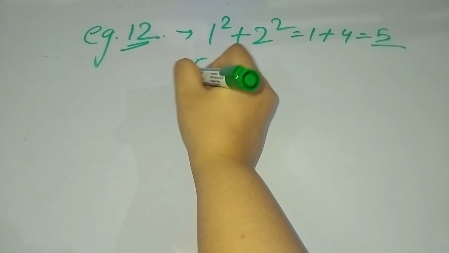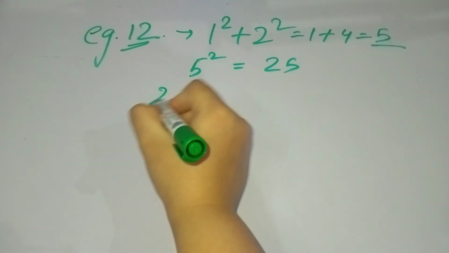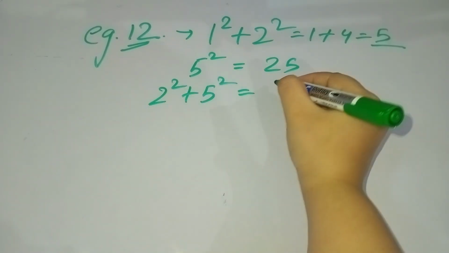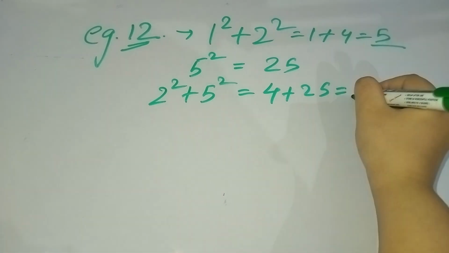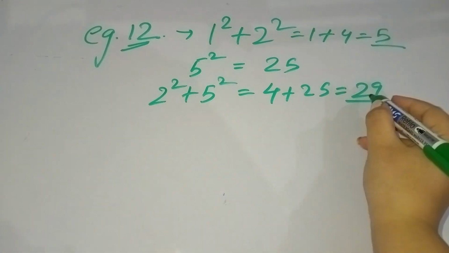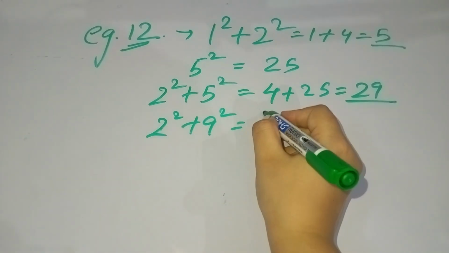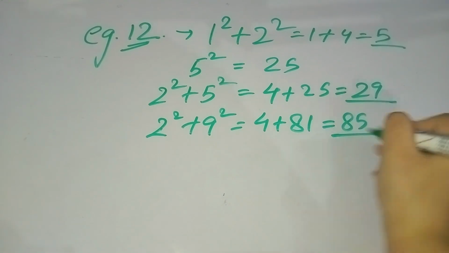Now 5 square is 25. Now 2 square plus 5 square: 2 square is 4, 5 square is 25, so 25 plus 4 is 29. Now 2 square plus 9 square. So 2 square is 4, 9 square is 81, so we'll get 85.